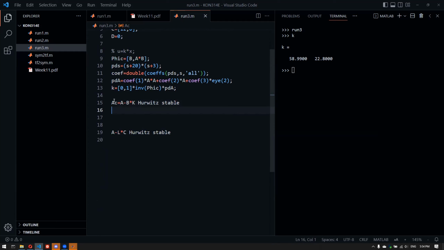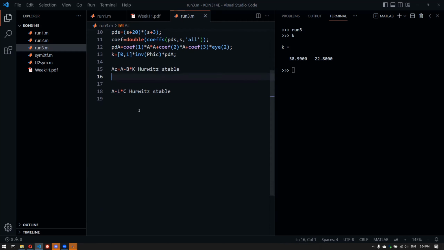And if the eigenvalues of this are on the left half plane, then we're good to go. The only difference here is that the unknowns in terms of structure are not on the same spot. So L is here, but K is here. And C is basically a row matrix, B is a column matrix or vector.